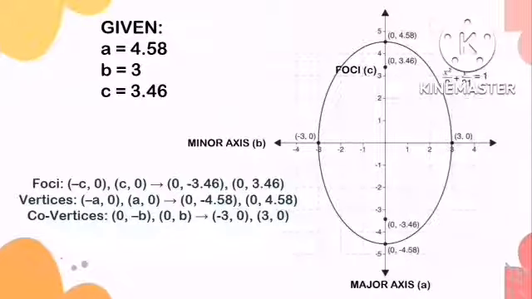For our foci, from the center 0 to negative 3.46 and from the center 0 to 3.46. Vertices from the center 0 to negative 4.58 and from the center 0 to positive 4.58. Last, for our co-vertices, from negative 3 to our center 0 and 3 to our center 0.